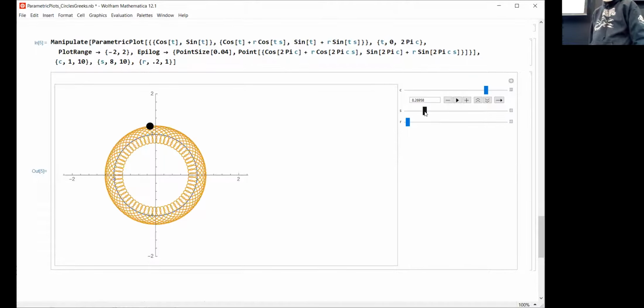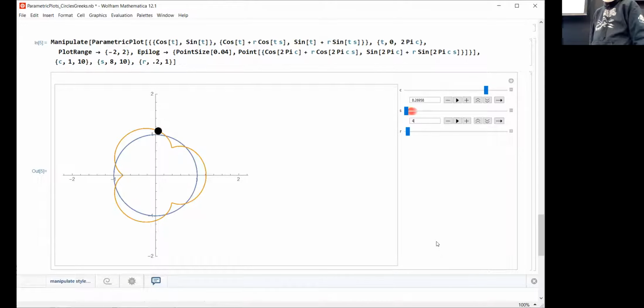And then as I change s, I can change the frequencies of things. The question is, are there choices of s that might be interesting? What if s is your perfect integer? Here s is 4. I love how it says my internet connection is unstable. That looks like a very interesting shape.